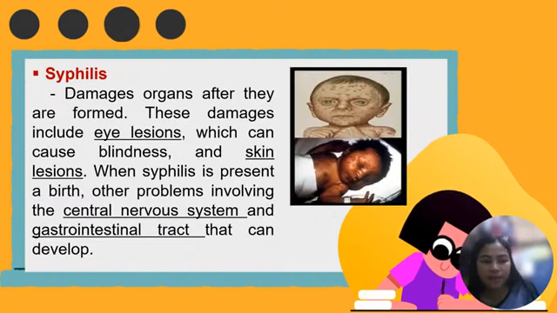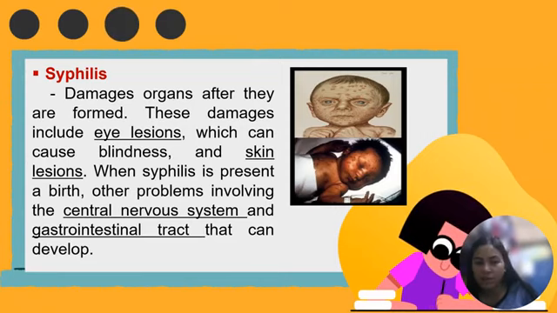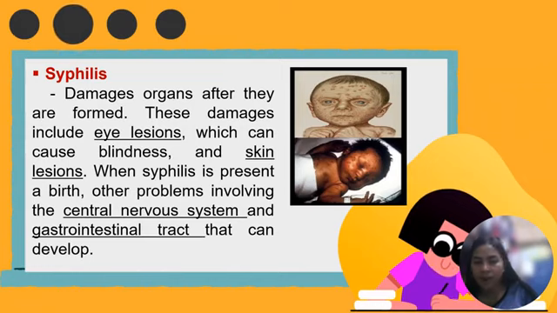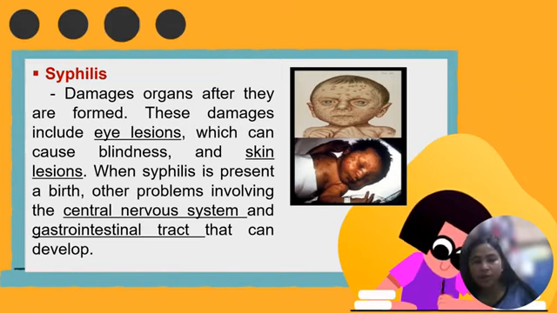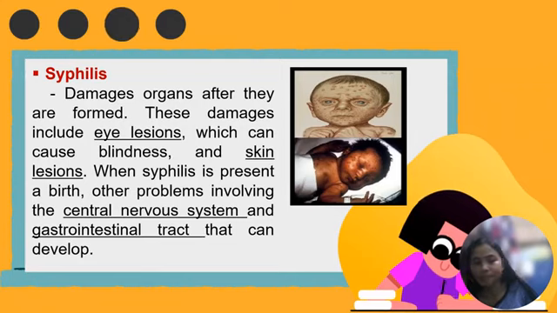Next is syphilis. Syphilis damages organs after they are formed. These damages include eye lesions, which can cause blindness, and skin lesions. When syphilis is present at birth, other problems involving the central nervous system and gastrointestinal tract can develop.